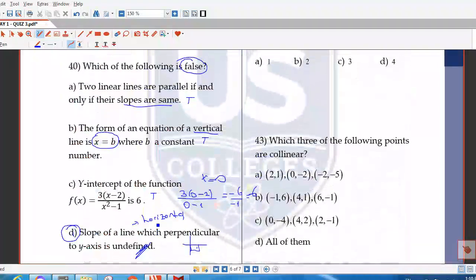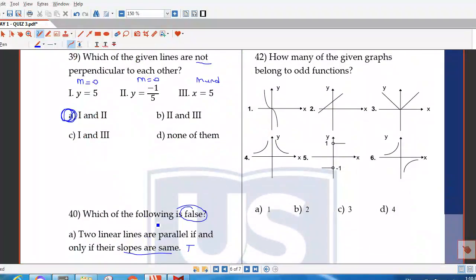Question 43. There are some graphs and the question is how many of them are for the functions which are odd. Odd functions have symmetry with respect to the origin. So if one part of the graph is in the first quadrant, the other part should be in the third, or if one part of a graph is in the second quadrant, the other part should be in the fourth.